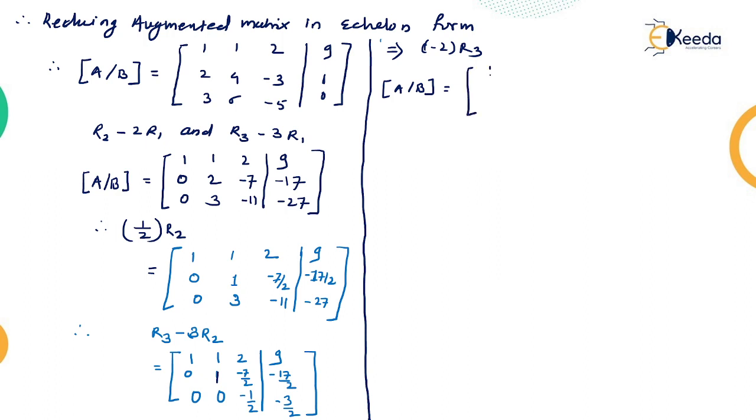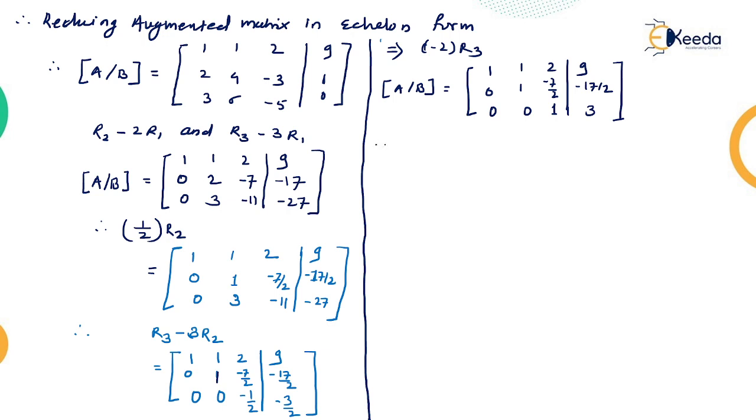Therefore this becomes 1 1 2 9, then 0 1 minus 7 divided by 2 and minus 17 divided by 2, and the third row becomes 0 0 1, because of minus 2 into R3, and it becomes plus 3.